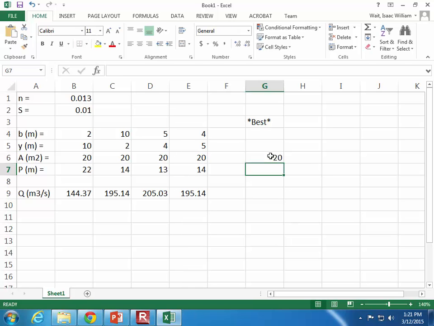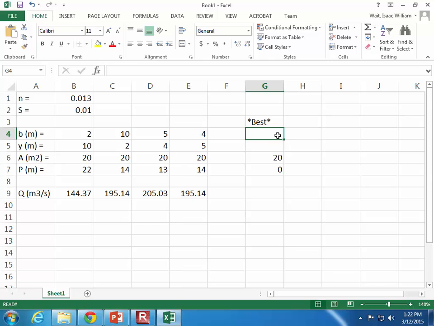The wetted perimeter formula is going to be 2 times the depth plus the width. We don't know what to use yet, but the width and depth are going to be related to each other because together they have to equal 20.